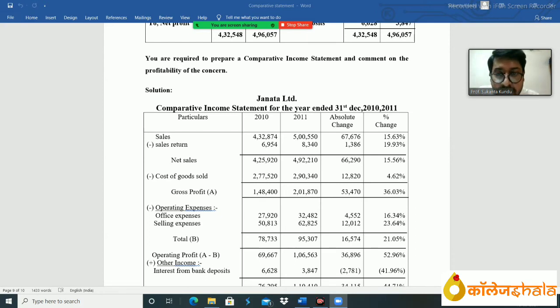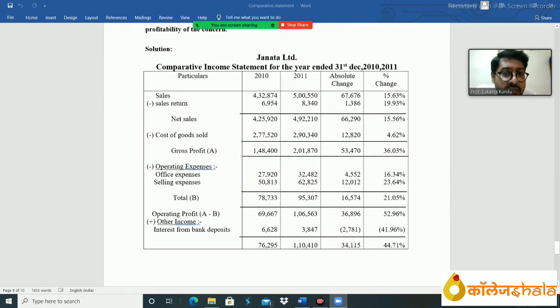Here you can see net sales increased by 15.56%, and cost of goods sold also increased by 4.62%. Operating expenses also increased by 21.05%. So you can write that management should try to reduce the cost to increase the amount of profit.